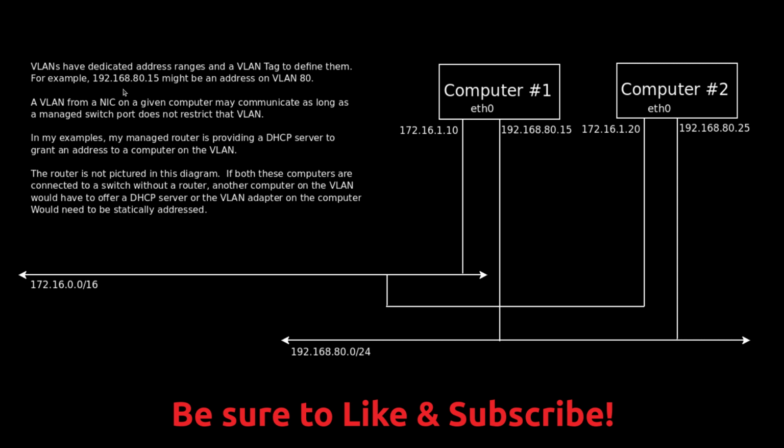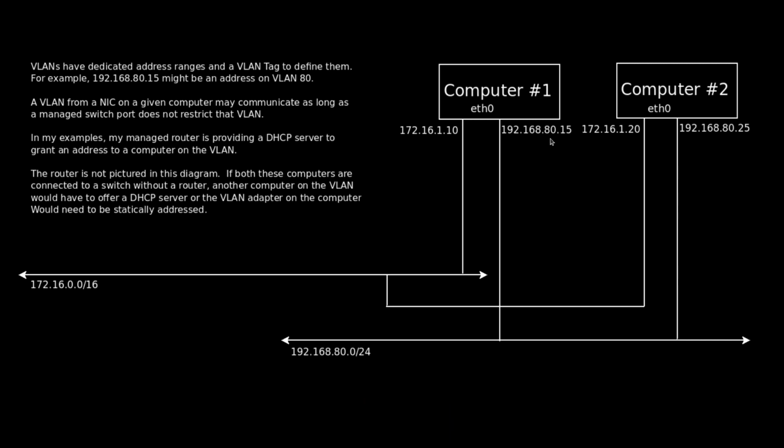As a good example, 192.168.80.15 would be on my 80 VLAN. By convention, I usually like to make that third octet equivalent to the VLAN number because it makes things a little bit self-documenting. And so that might be an address on VLAN 80.